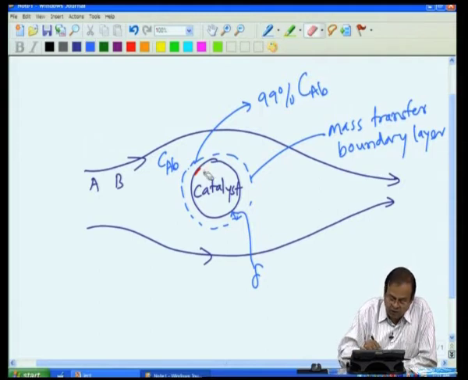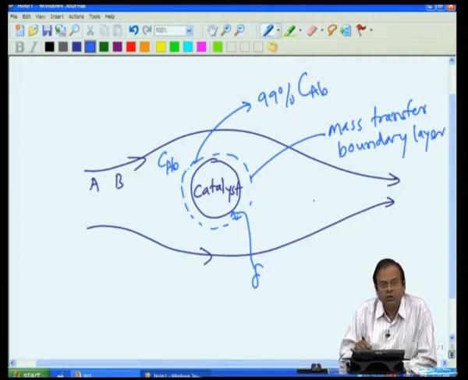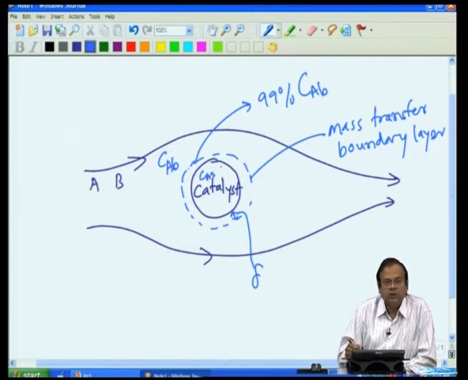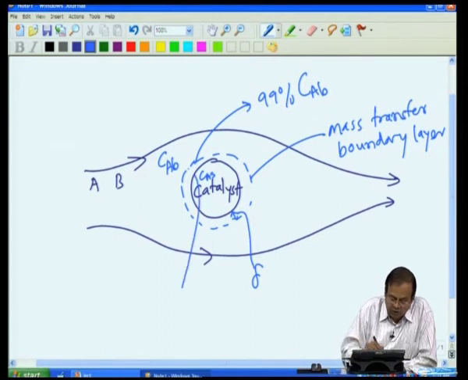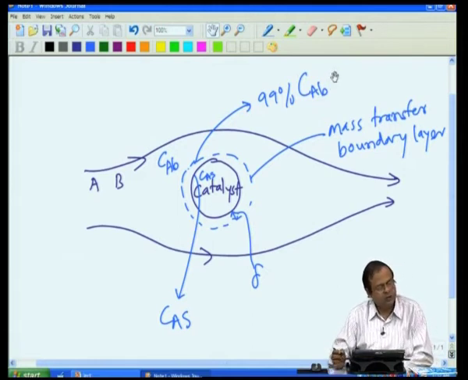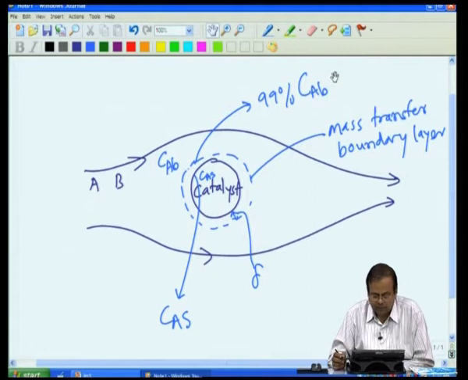At the surface the concentration may be 0 in certain cases, but it is not necessary, unlike velocity which is 0 at the surface. So, let us say that the concentration at the surface of the catalyst is CAS, and the concentration at the outer edge of this boundary layer of thickness delta is CAB. 99% for all practical purposes we will take as CAB.